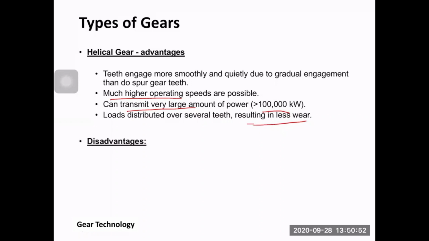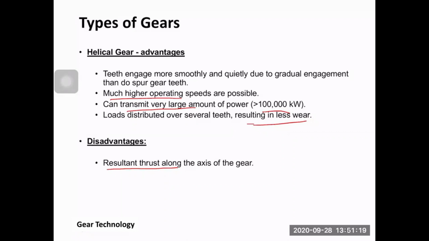Of course, there are some disadvantages as well. First, they produce thrust force. Thrust force is the force in the same direction as the center line of the gear. It means that when we design the shaft and the bearings, we have to select a bearing that can take thrust load.